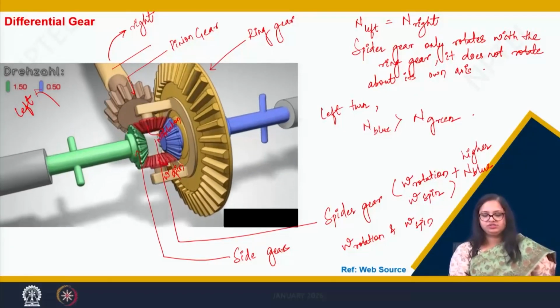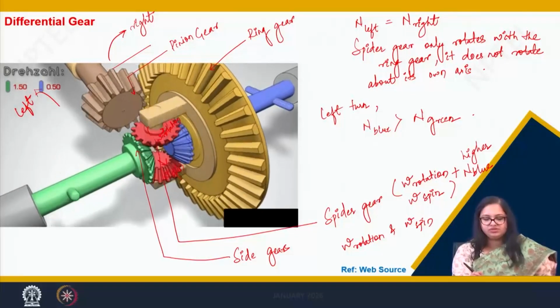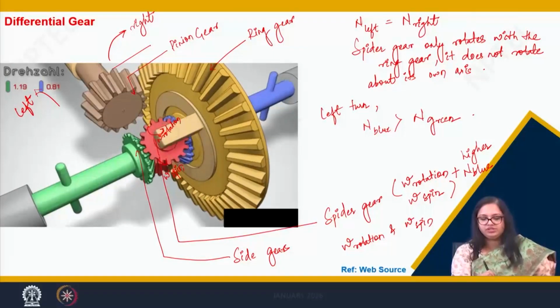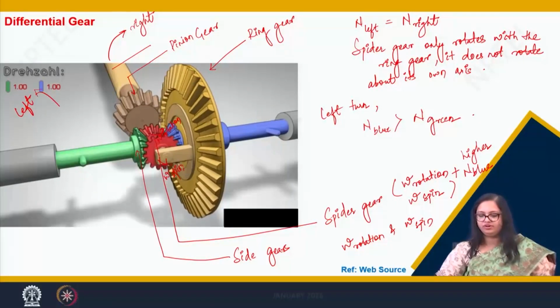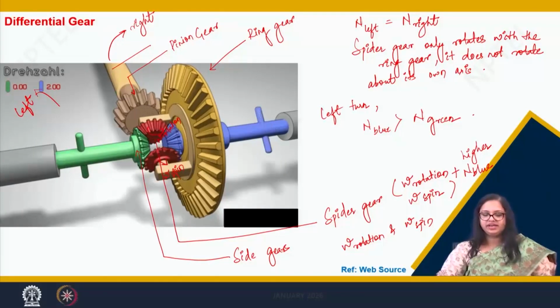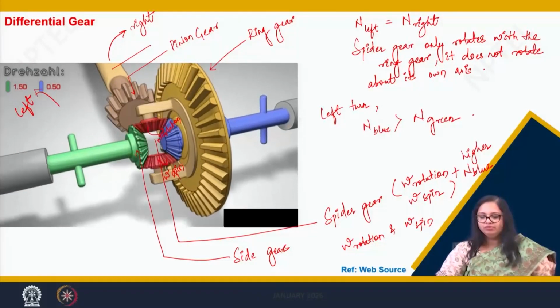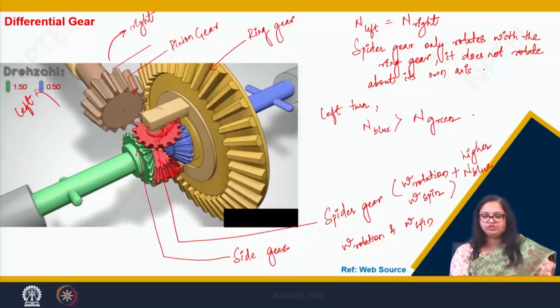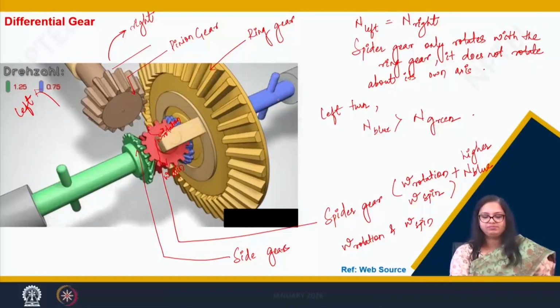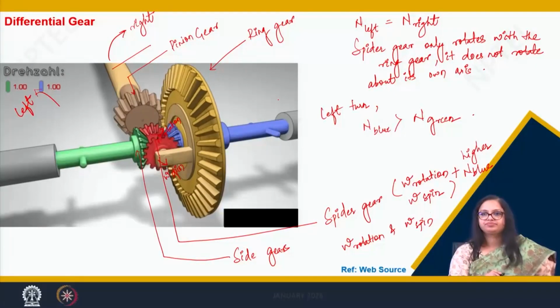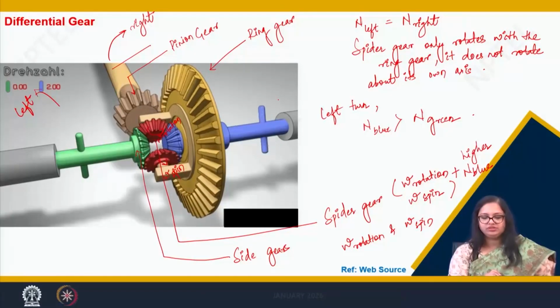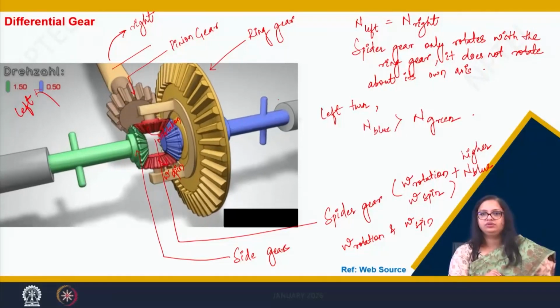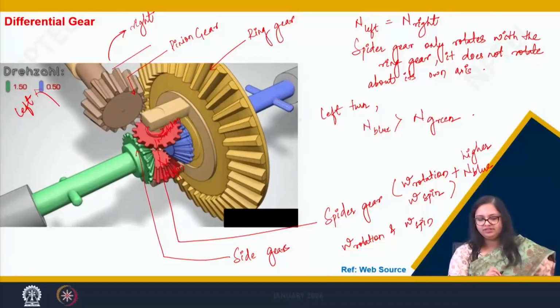Since it is moving in this direction, omega spin and omega rotation get added up for the right hand side. So, the blue shaft has a higher speed than the green one. That allows the vehicle to take a left turn.